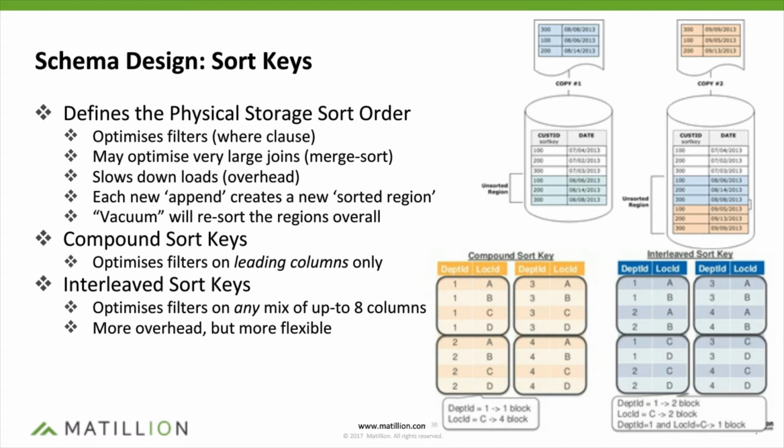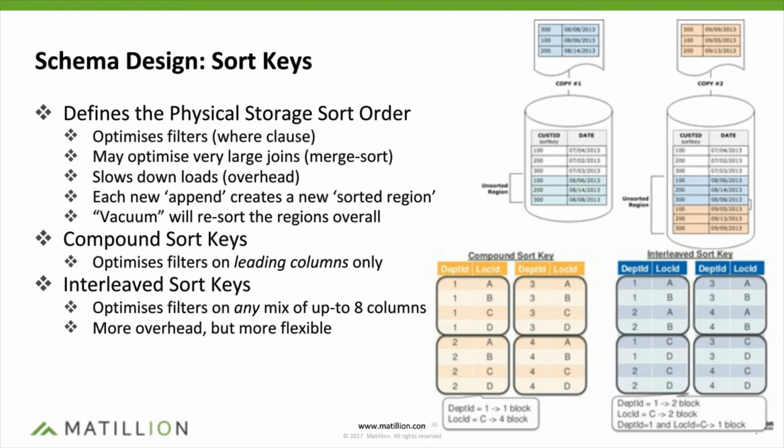It will slow down loading the data into the cluster. That's just because there's an extra step to sort it, but that should get paid back at query time. Now, every time you do an append into a table with a sort key defined, the data is sorted, but only for that load.